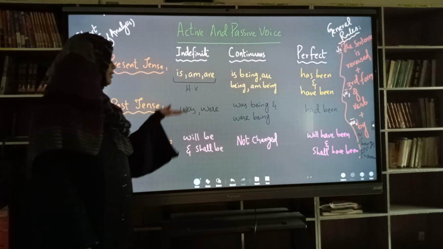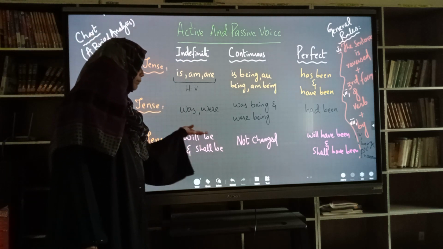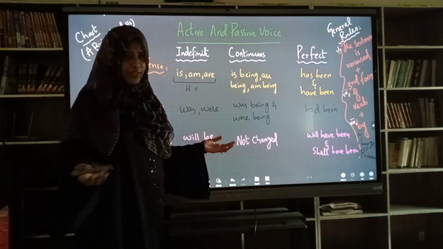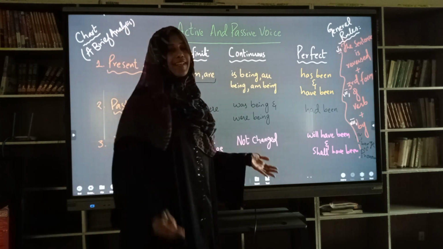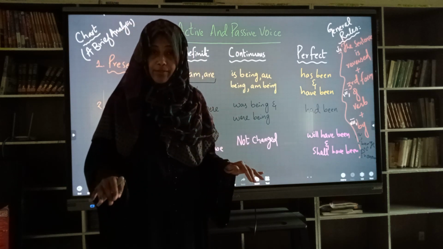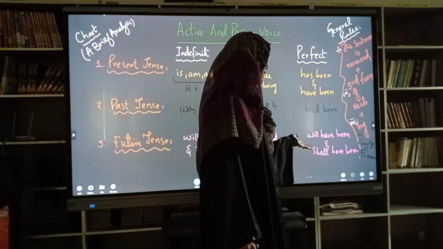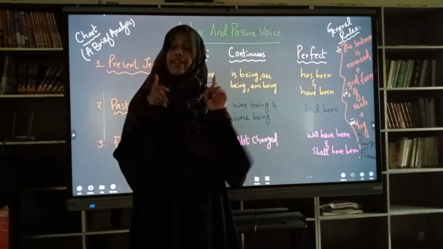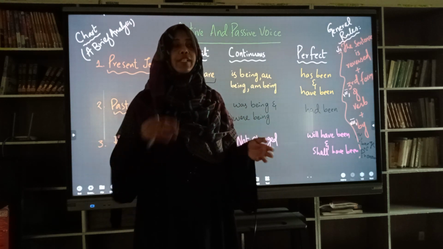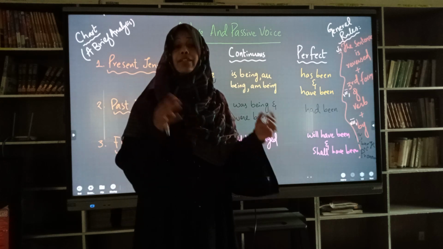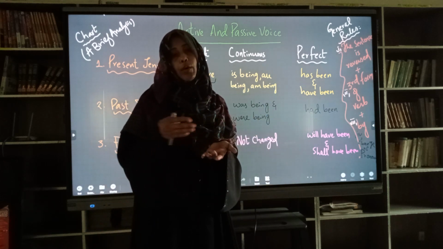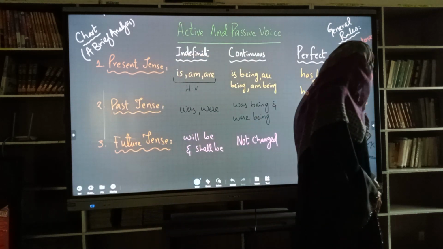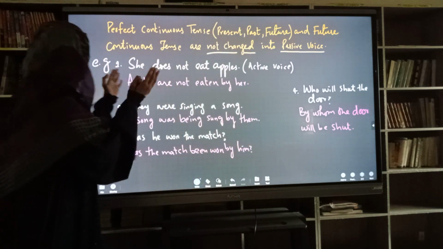In future tense, in the indefinite portion will be and shall be as a helping verb will be used along with the third form. Future continuous tense, as I told you earlier, will not be changed. Okay? Perfect tense in the future form will contain will have been, shall have been. Again, remember, if there is not, so definitely you will place not after will or shall, the main helping verbs. So it will become shall not have been, will not have been. Okay? Now comes the next slide, which actually contains a note.